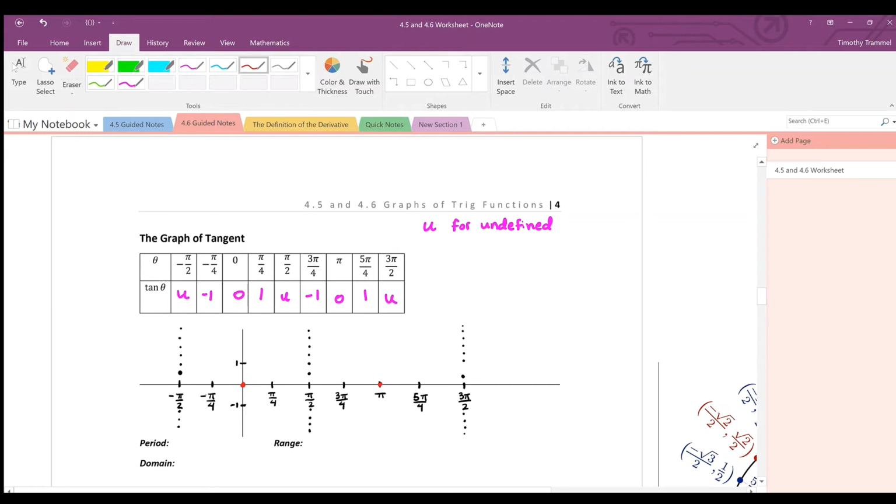And then next here, let's do minus pi over 4. Put the point there. And at pi over 4, we get another point here. And we could do the same thing in between these other two asymptotes. This looks like about minus 1 and 1. And now let's connect the dots.